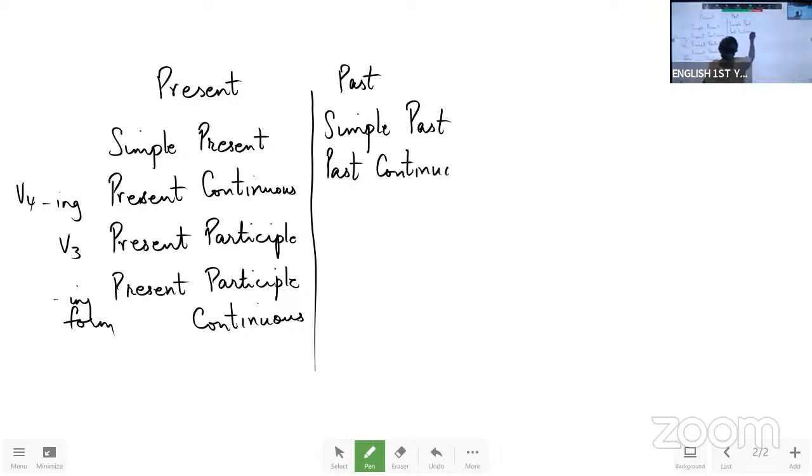Even in this, we use the ing form. Where you use V3, then past perfect.